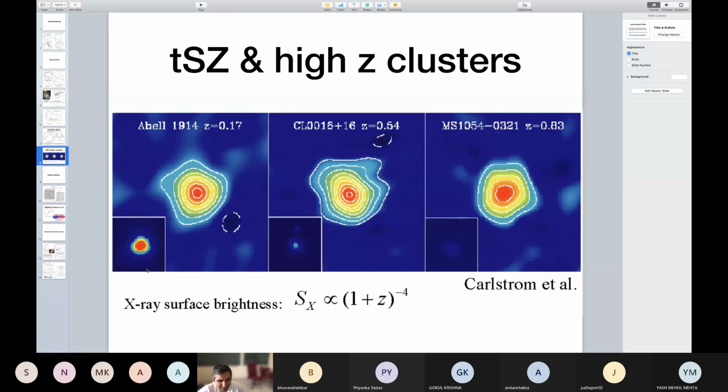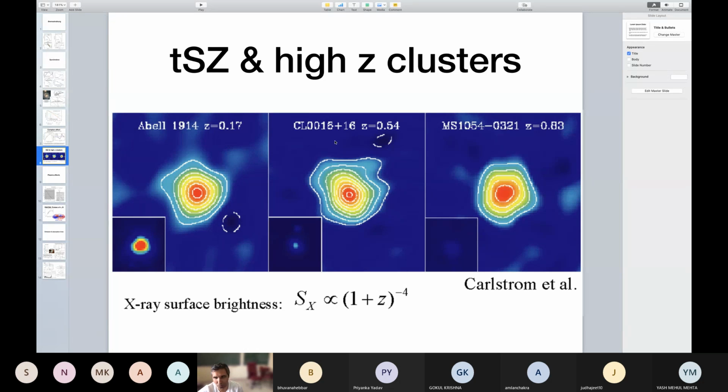The reason you don't see much surface brightness in X-rays is because X-ray is seen in emission, and the farther you put a body, the lower the flux received, and the angular size also changes with redshift. So the surface brightness falls off very steeply with redshift. If you go to a redshift of 1, it's 2 to the minus 4, which is 1 by 16. That's why you can see this dimming in X-rays, but no dimming in the SZ signal.